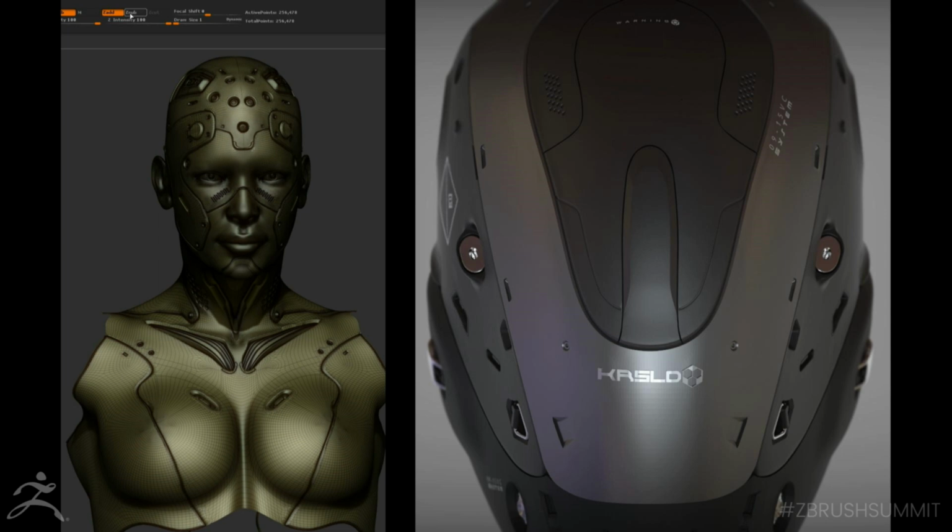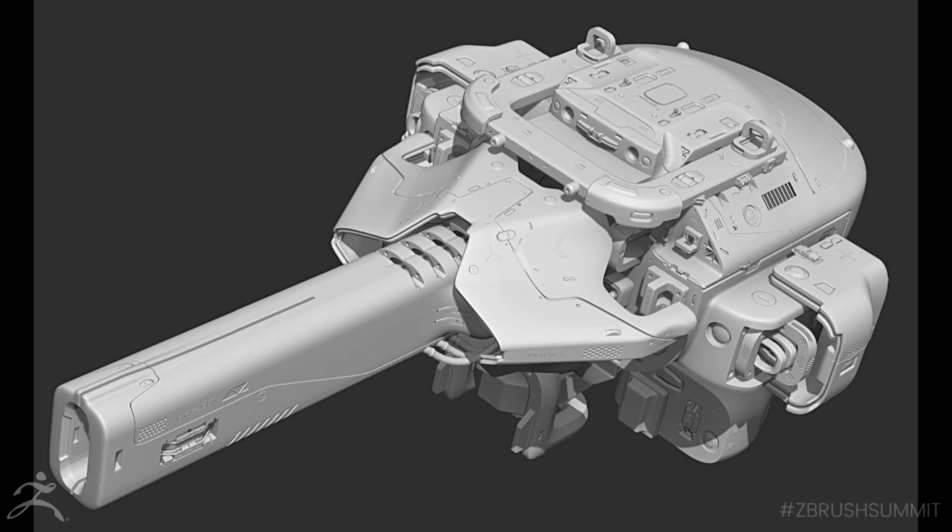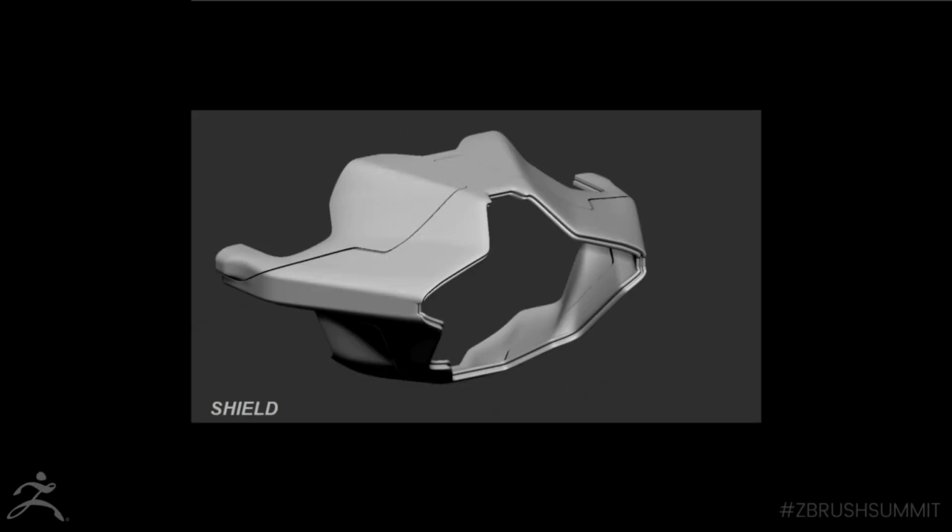The advantage for me was that you can keep your model, your low-res model, and play with the dynamic subdivision. You can keep your model super low-res. And go back to the canon, the shield, yes.